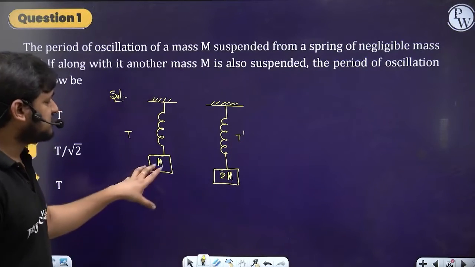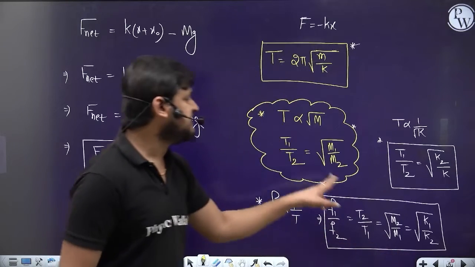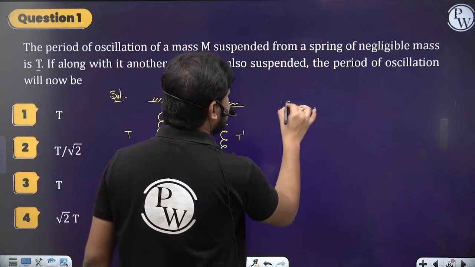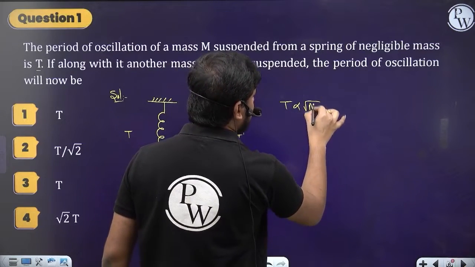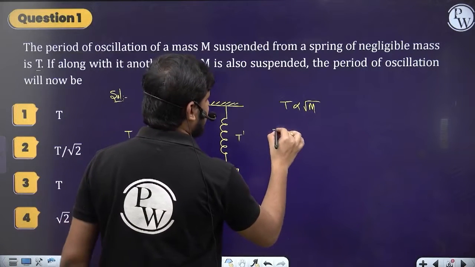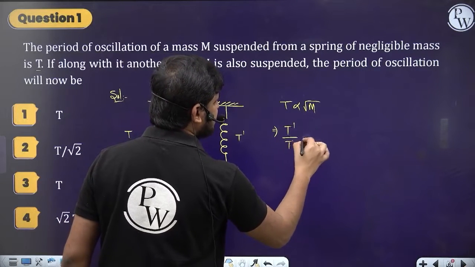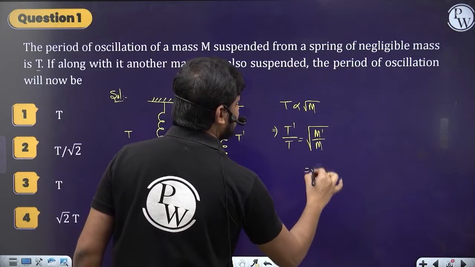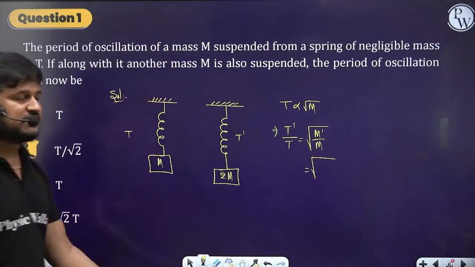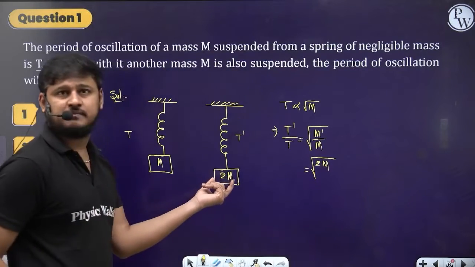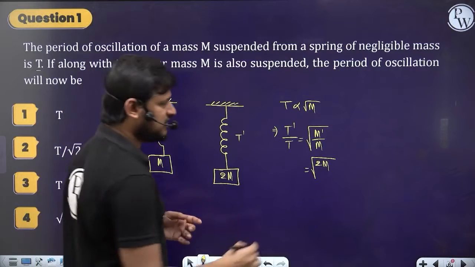So you know that just now we discussed that T is directly proportional to root m. Yes or no? So T is directly proportional to root m. So let the time period in the second case be T dash. Then I can write T dash by T is equal to root over m dash by m. So what is m dash? m dash is 2m, the second mass, by the first mass m.